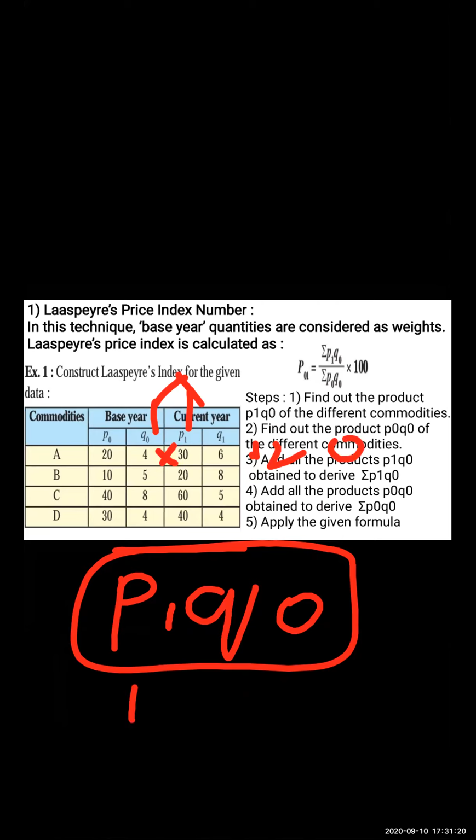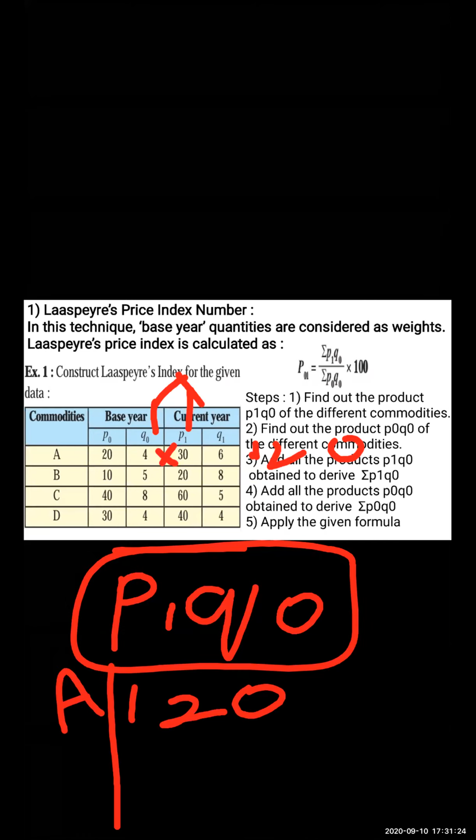Okay. First one is 120. Second one, 5 into 20 is a... yes, 100. Good. 6 into 8 is a... good. 48.